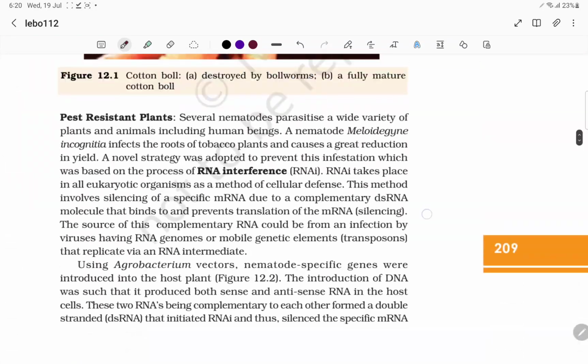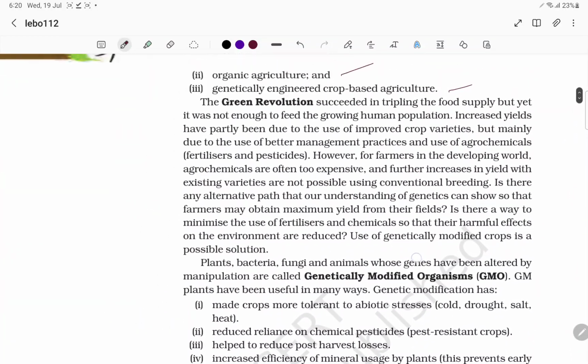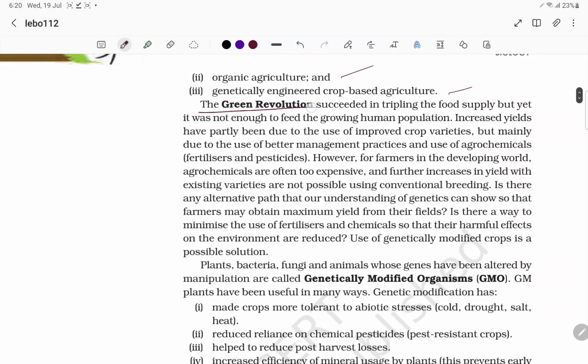So, let's talk about this. The green revolution succeeded in tripling the food supply, but yet it was not enough to feed the growing human population.